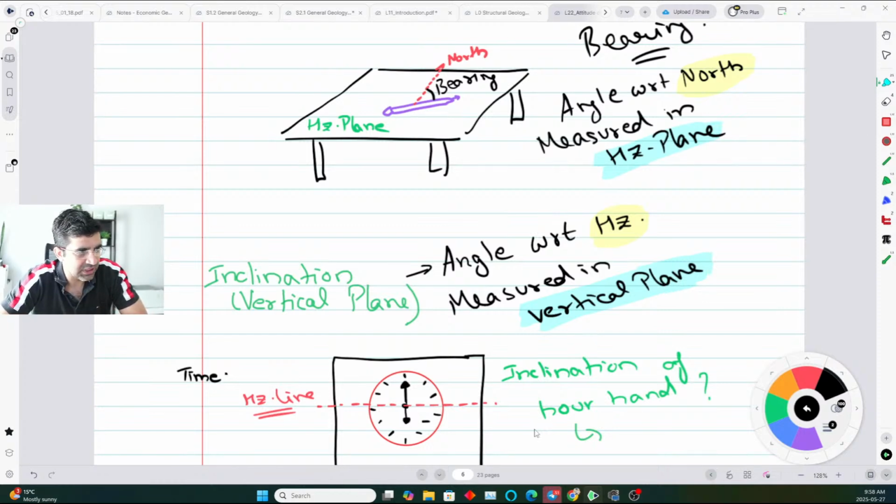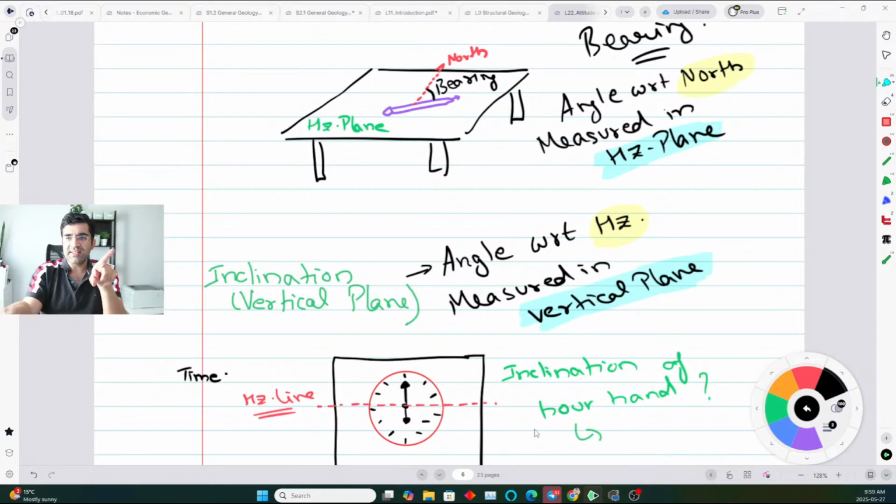In which plane is it measured and with respect to what? When you have an angle, you need two lines to define it. You cannot define an angle with one line. So that is why there is 'with respect to'.